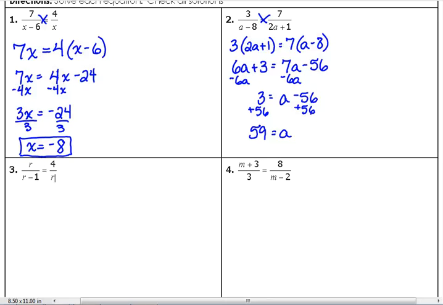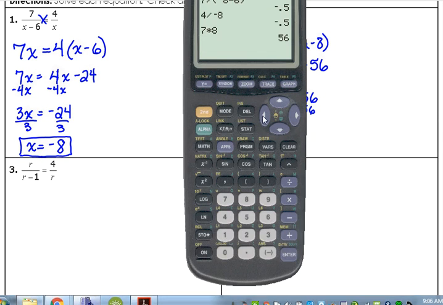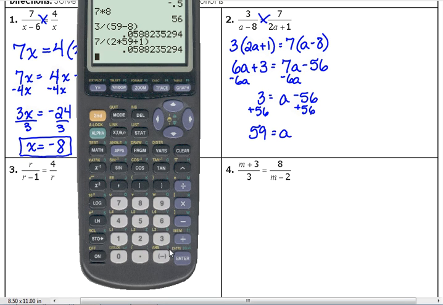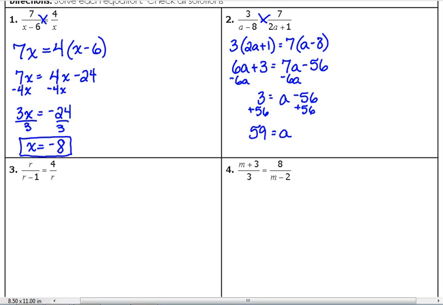That seems like an unusually large answer, so I definitely want to check it. 3 over parentheses 59 minus 8. 7 over parentheses 2 times 59 plus 1. I get the exact same decimal for both sides. So it's a big answer, but it is our answer. 59 is the correct answer.